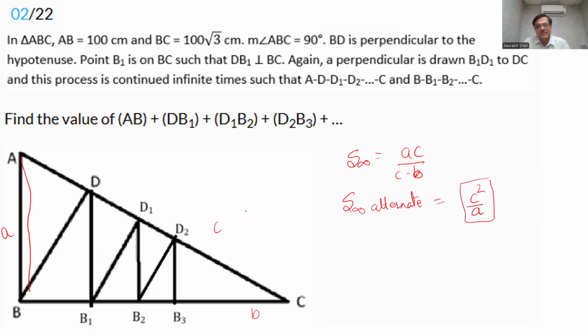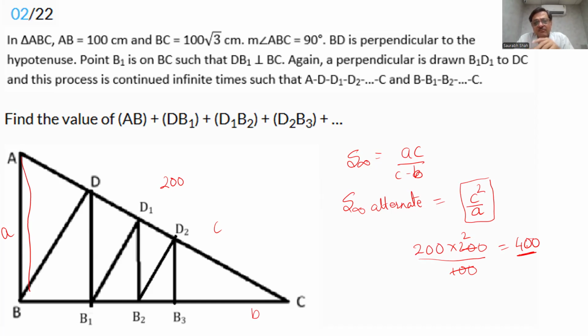C square by A. C we had calculated as 200. So it is 200 square by A, which is 100. So this is what we would have directly got as 400. You can remember this result again if you want to.